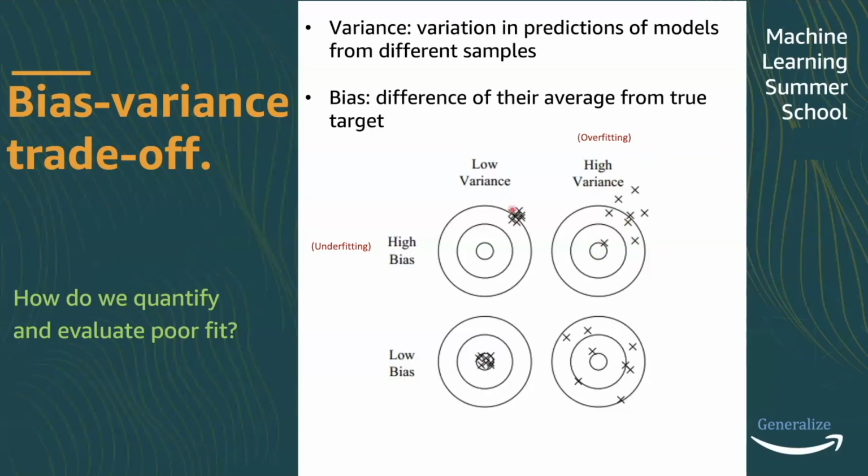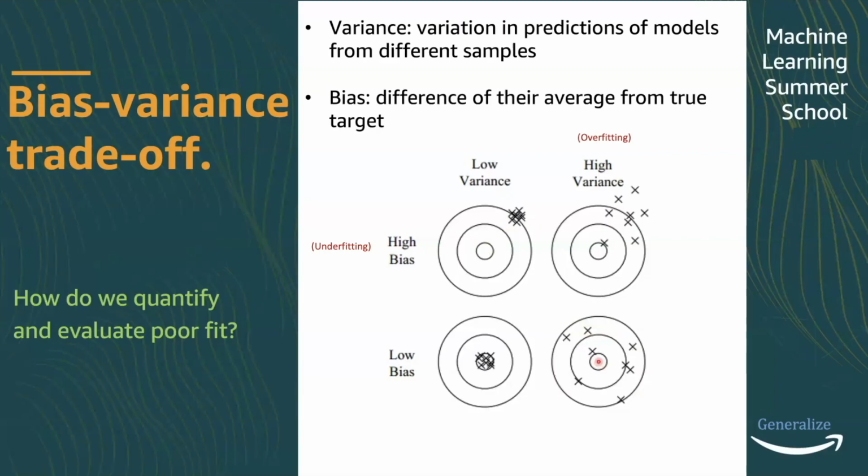You have low variance. They're all tightly together, but it's got a high bias. You're far from the truth. And the other case, of course, is you have very high variance, but you have low bias, which is to say they're all spread out, but they're spread out around the true value.